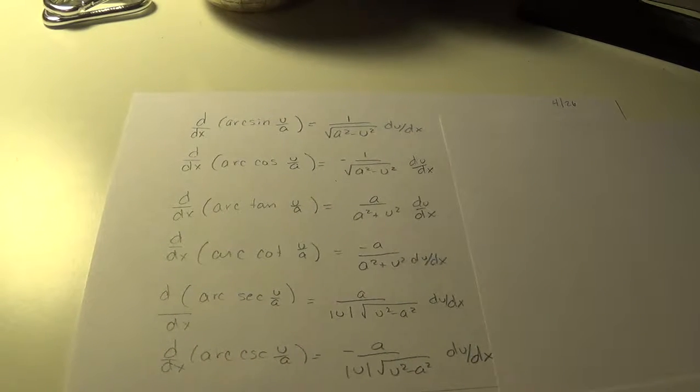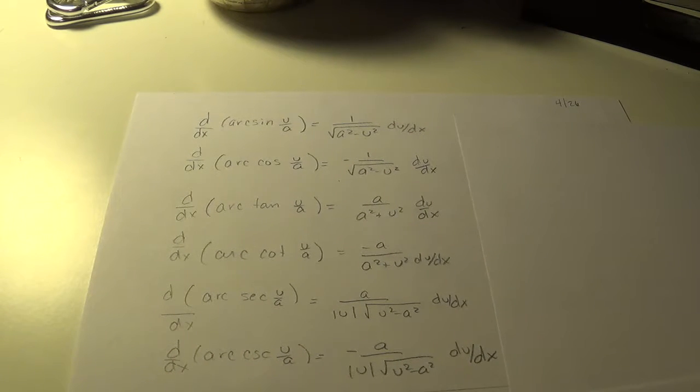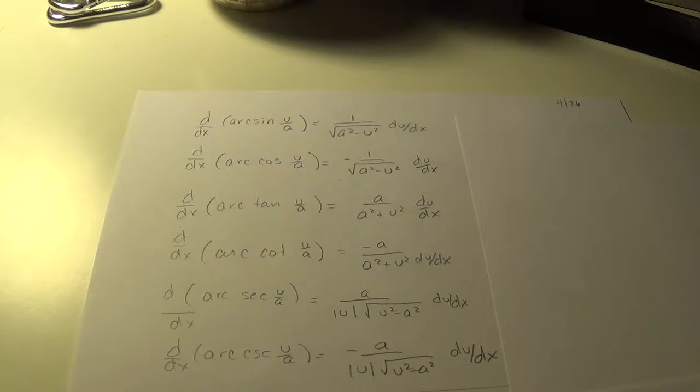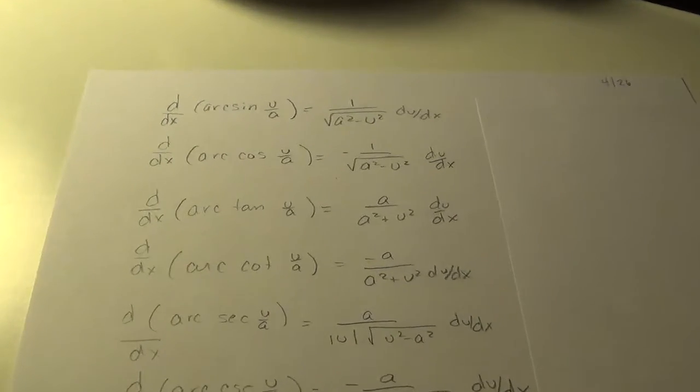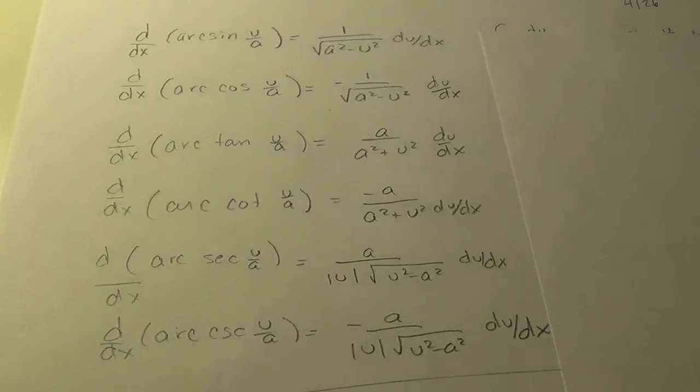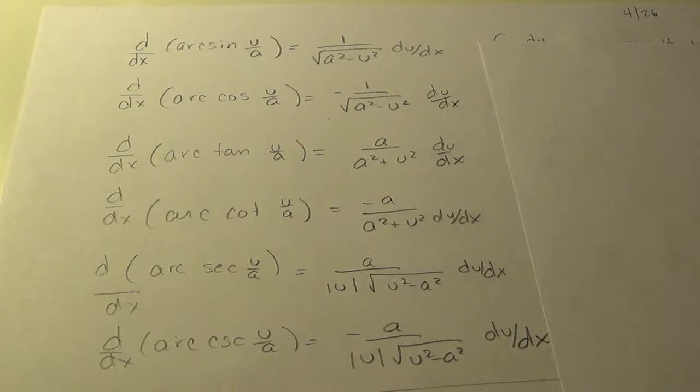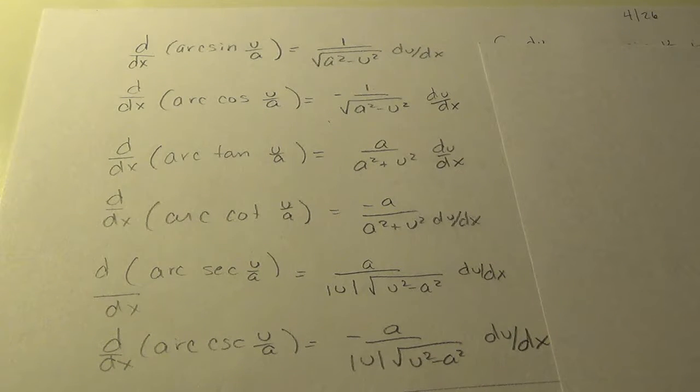Not sure they all show up real well in this screen. I'll zoom in on the last two just to make sure you can get them all. Alright, so there we have the 6 that we've already had previously, and we've practiced problems according to those.